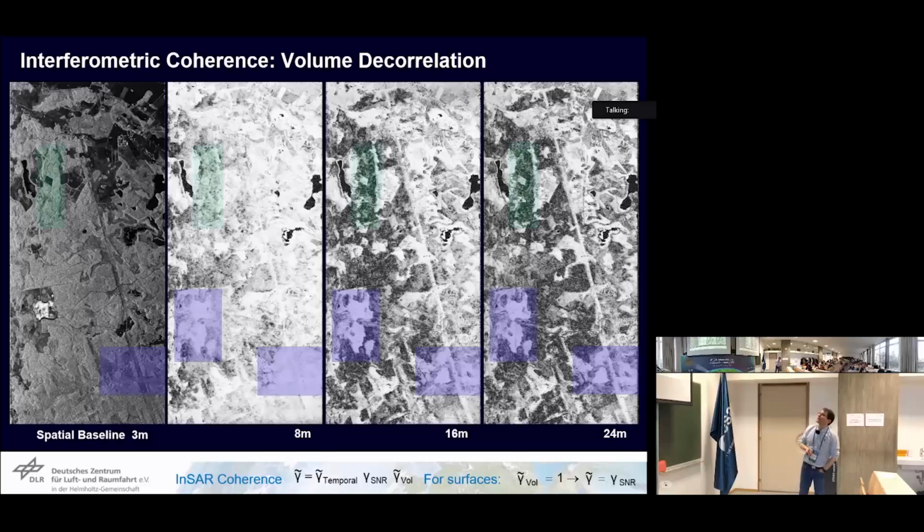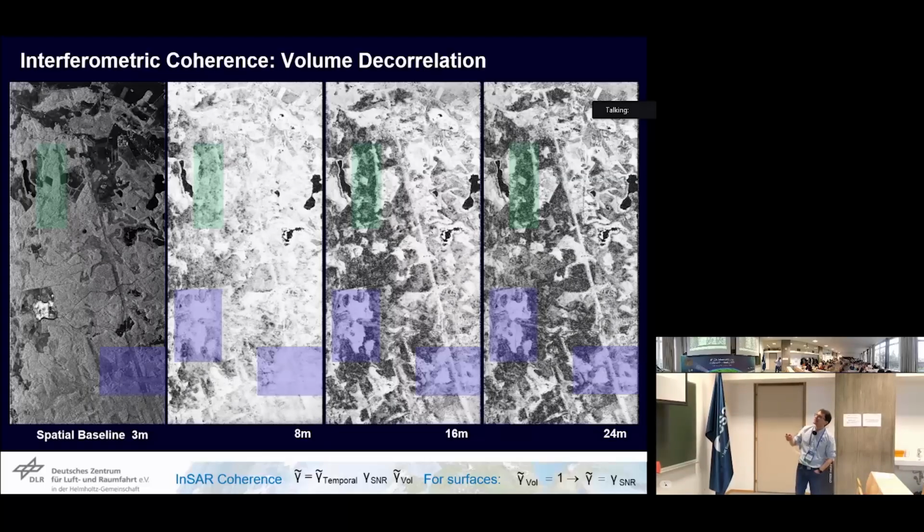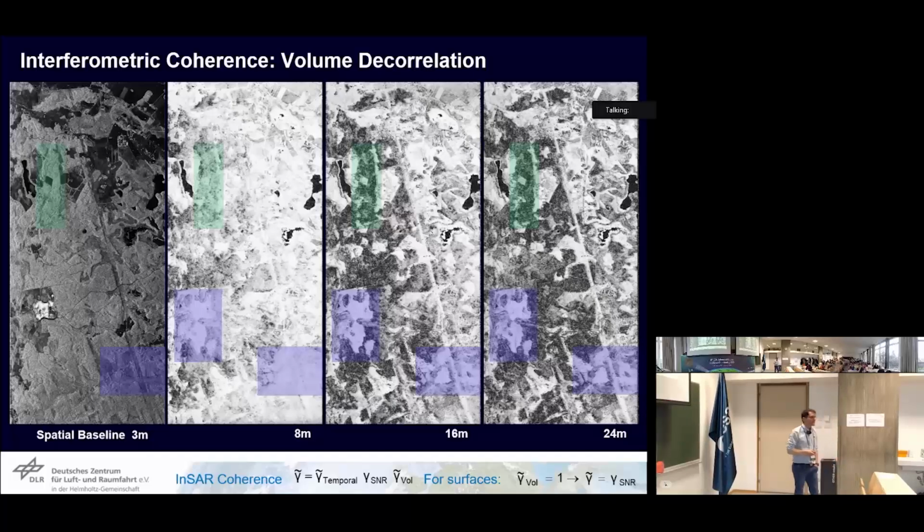Now you take this one here. You start to see that it's already a bit darker than this, and then it becomes dark faster. So can you tell me where the higher forest is? Here or here? The purple or the green? Where is your forest taller?